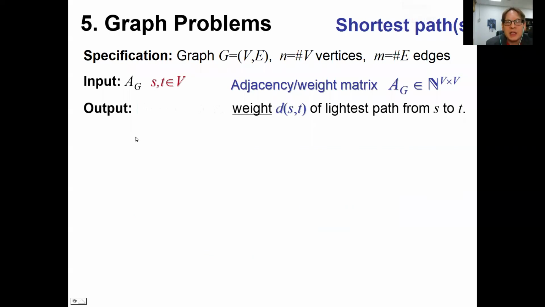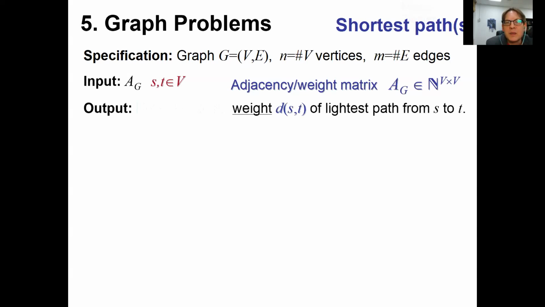Provided that it is possible to reach T from S, we may ask how fast we can reach T from S, which amounts to the question of what is the shortest path, and more generally, what is the lightest path if we assign weights to the edges in addition to simply counting the number of edges.